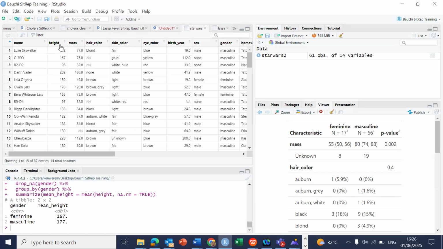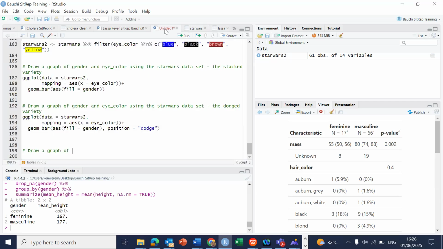Okay, so there is height and there is mass, right? Okay. So draw a graph of height and mass from the Star Wars data set. Okay.